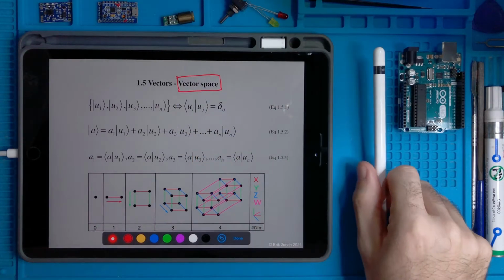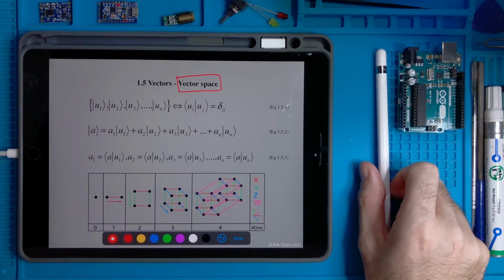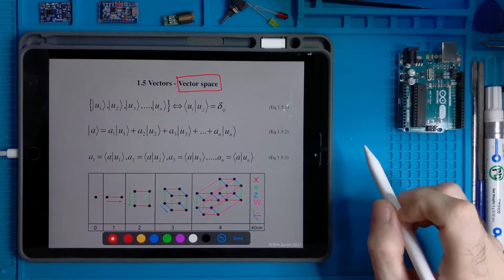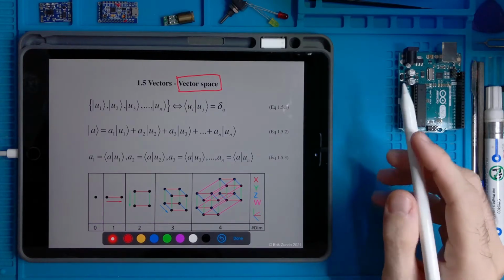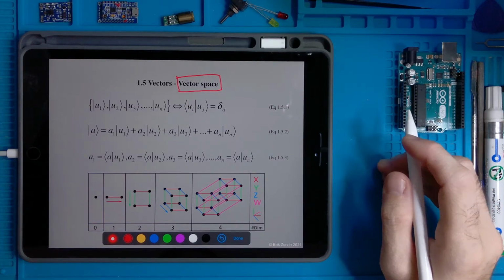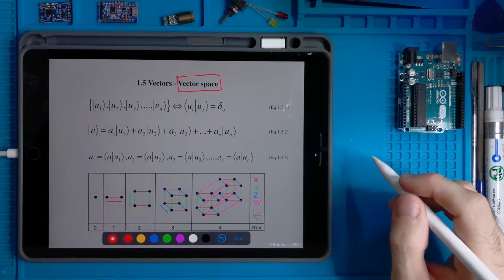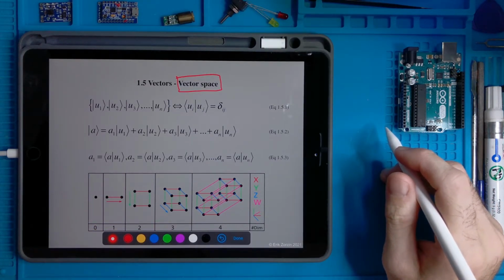So vectors are things that stay in a place, which is called a vector space. So we need to define the axis, and once we define the axis, we can plot a vector on that reference frame.